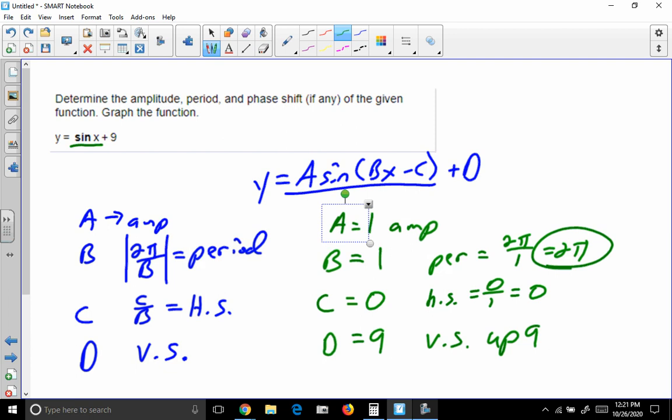So if we graph this, we would have a standard sine wave that has a period of 2 pi. It has an amplitude of 1. It's not shifted over any, it's just shifted up 9 units.